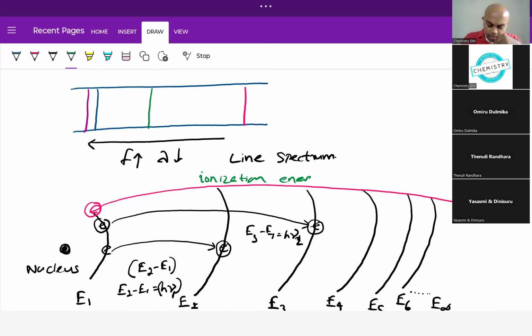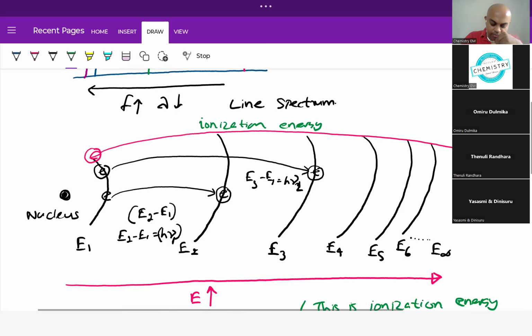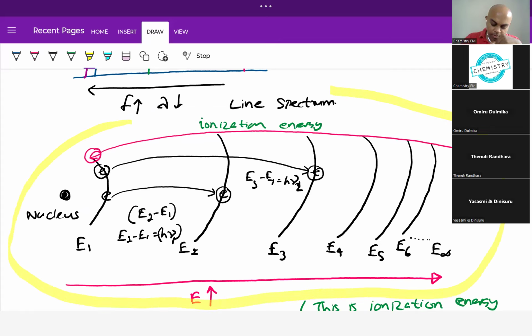Right. Now draw this diagram. Total one should be whatever the things that you can see within the yellow circle. You can draw.